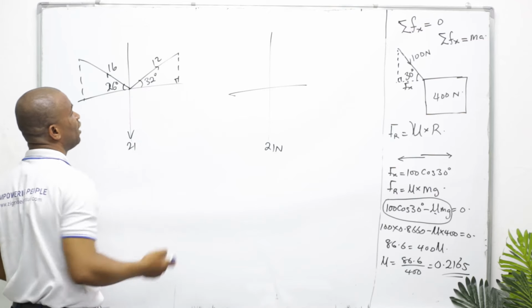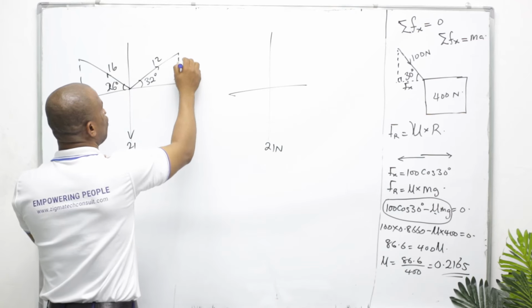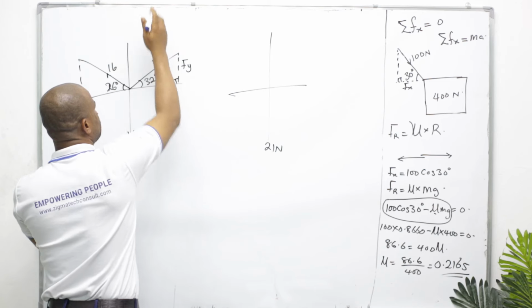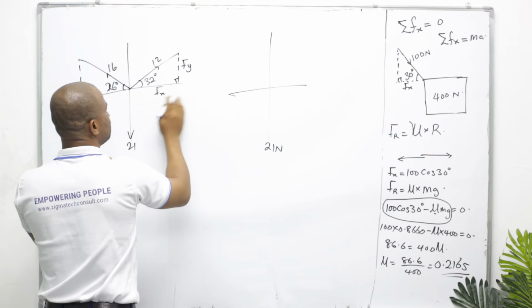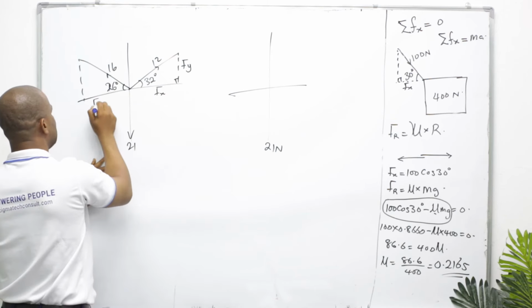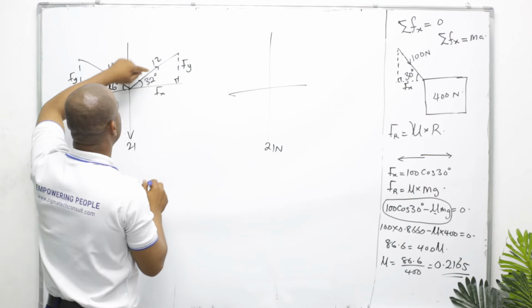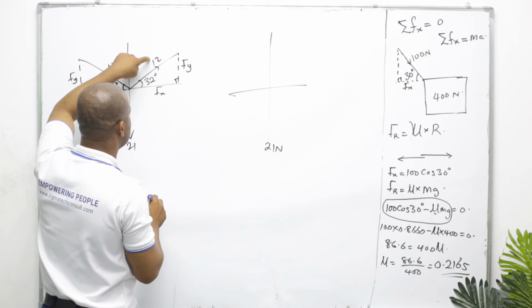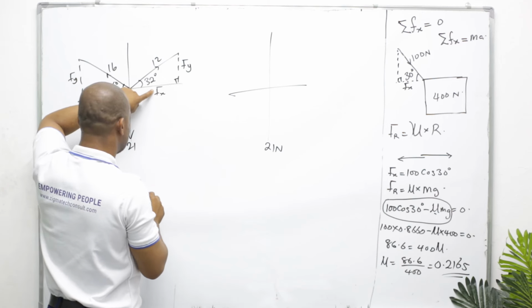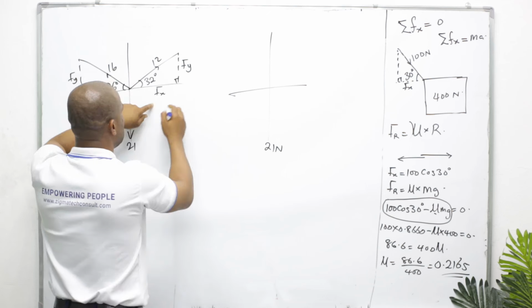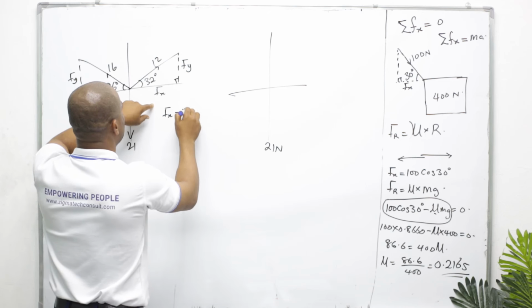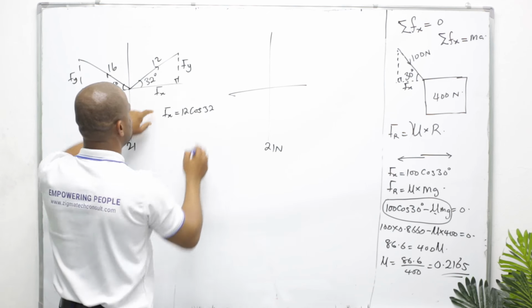I'm going to call anything on the vertical Fy, anything on the horizontal Fx. So let's go. This is going to be adjacent over hypotenuse, which is cos. So Fx is what? 12 cos 32.